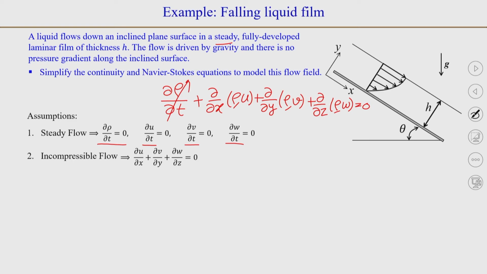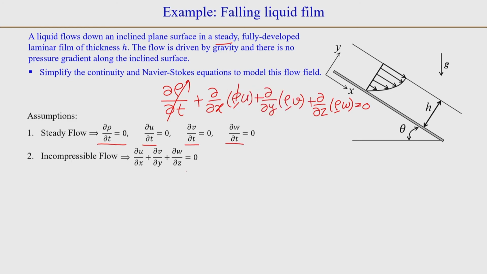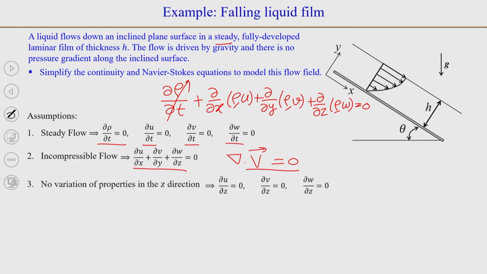So, we will have this ρ removed and the equation will come out to be ∇·V equal to 0, or in the expanded form, ∂u/∂x plus ∂v/∂y plus ∂w/∂z is equal to 0.